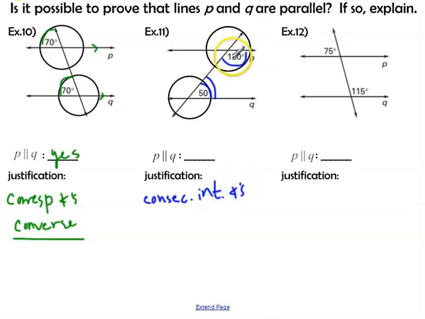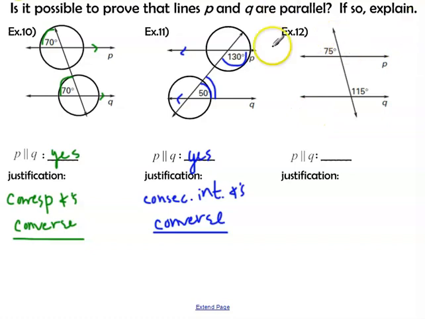Now, 130 plus 50 equal 180. That means they're supplementary. So ask yourself, are consecutive interior angles supposed to be supplementary? And the answer is yes. So that means we can use the consecutive interior angles converse to prove that P and Q are actually parallel.